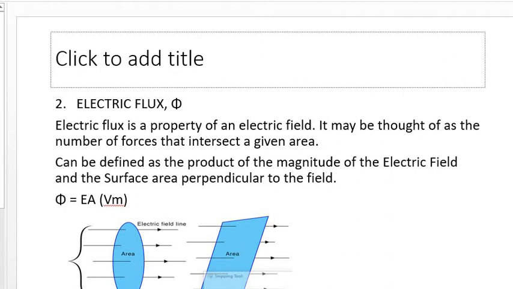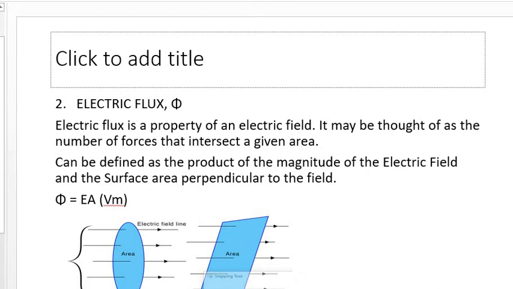So that illustration represents the field lines and the surface area. We said electric field strength is voltage over distance. Then if we multiply by area, the units are volts over meters multiplied by meters squared, and we get volt-meters as the units for flux.